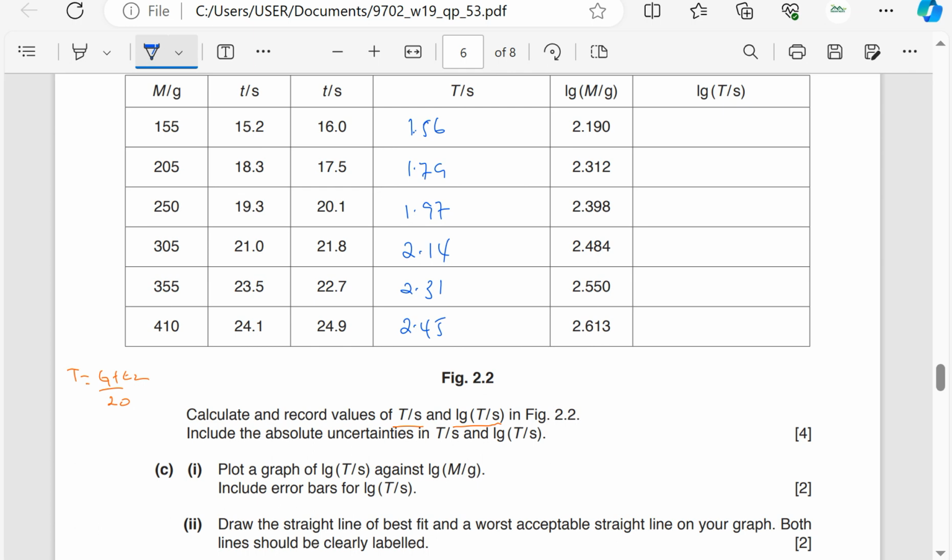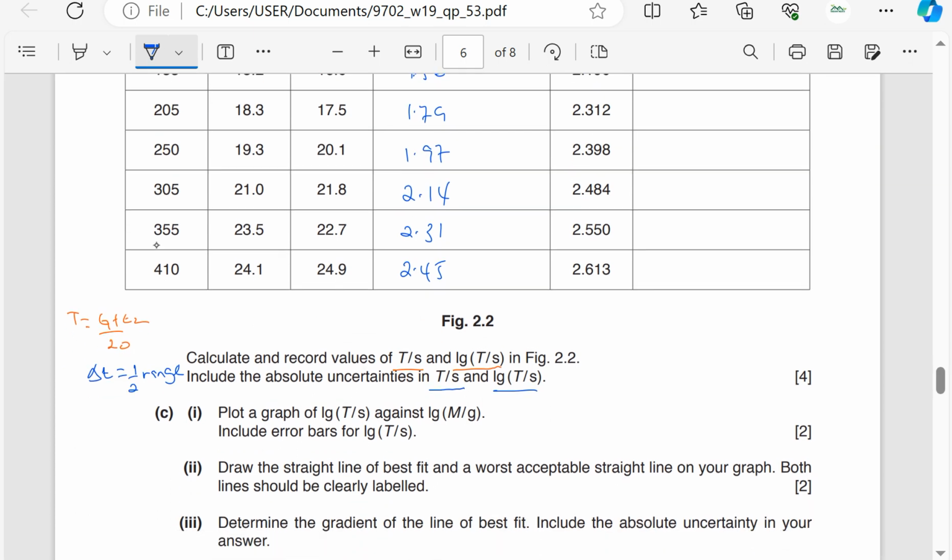Remember, we have to include the absolute uncertainty in T in seconds and also the absolute uncertainty in log of T. So what will be the absolute uncertainty in T here? Remember, for repeated measurements, absolute uncertainty is half of the range. So the absolute uncertainty in small t alone will be half of the range.